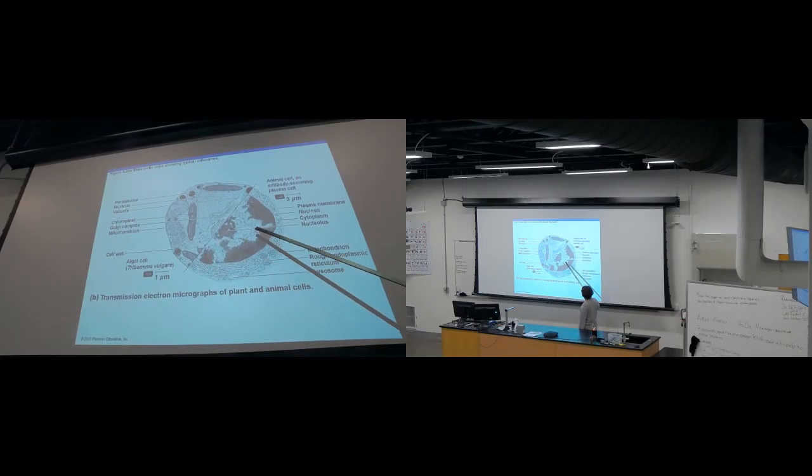And then for animal cells, you have the nucleolus here. This is the nucleus. And you have the cytoplasm in here. You have mitochondria, lysosomes, rough endoplasmic reticulum, etc. This is actually an antibody-secreting plasma cell. So this is a lymphocyte.